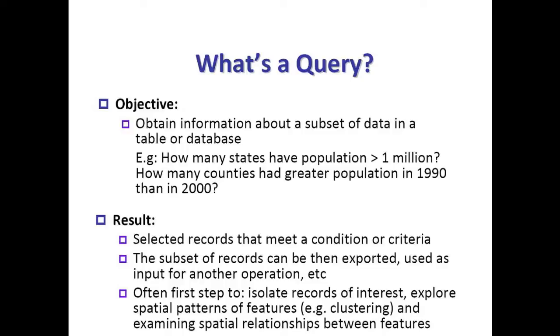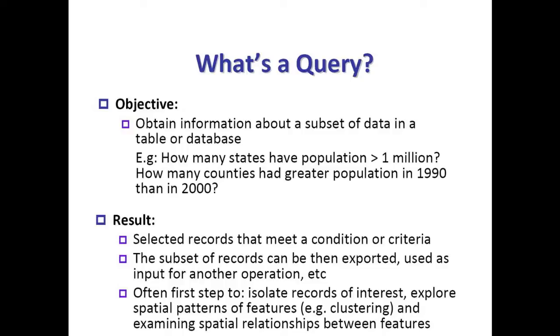So the objective, again, is just to try to take that massive amount of data that you have stored and to try to ask a question to identify a subset, a different group. An example here is if you had our U.S. map, you knew the population of every state, and you just wanted to know how many states have more than 1 million people, you could query that through your database management system and get your result.